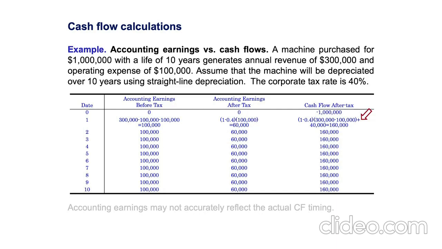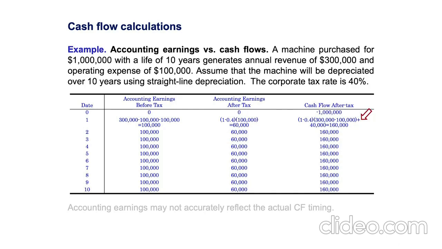This gives an after-tax profit of 120K. The second part equals 0.4, the tax rate, times the annual depreciation of $100,000, which gives 40K. The sum of the two gives the total after-tax cash flow of $160,000. We have the same after-tax cash flow for the remaining years.